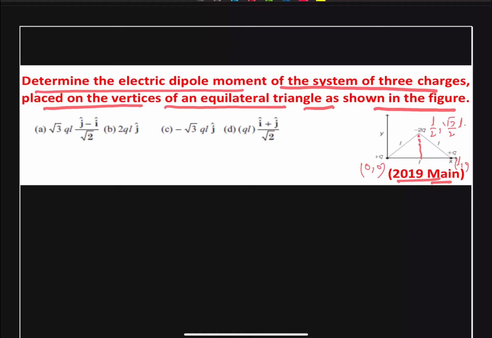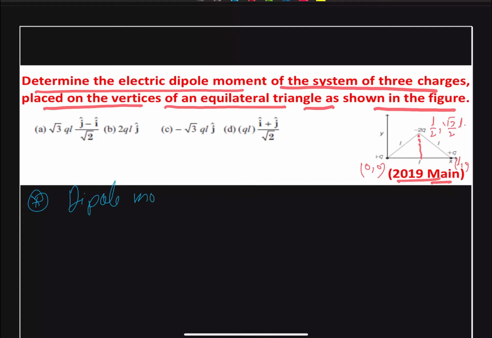Now there are 2 approaches to solve the question. The first is by using the dipole moment formula, which is much easier and convenient also.